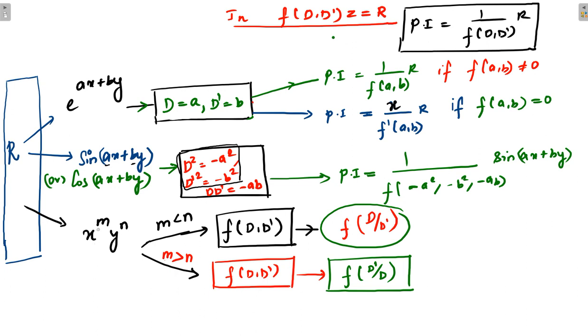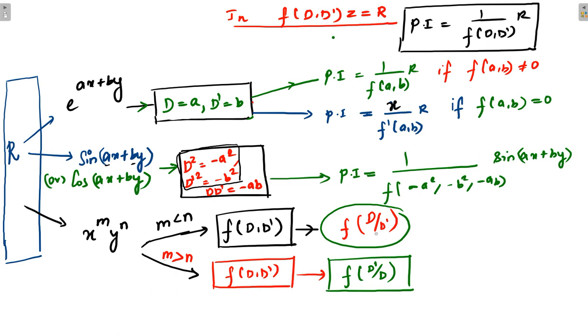polynomial, x power m into y power n. So when R is like this, what do we do? Suppose the degree of x is less than the degree of y, then you have to rewrite the function f of d comma d dash as f of d by d dash.